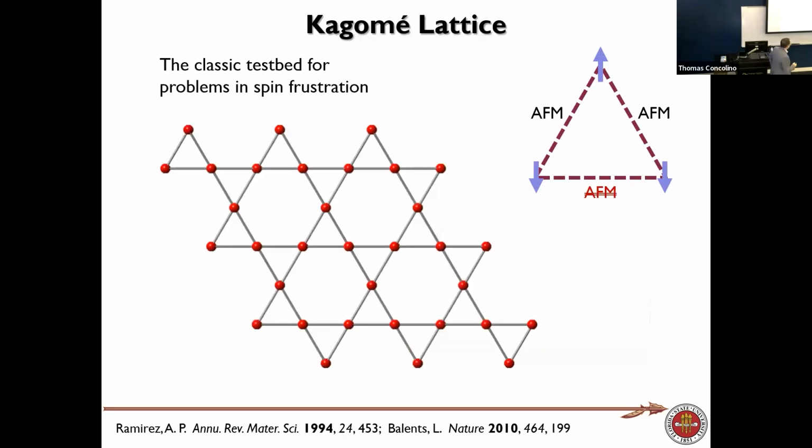And so in the second part, I'm going to talk about kagome lattices, and that's more of a new direction, right? New materials, not old materials. Of course, kagome lattices are aesthetically beautiful, and they are really great test beds for looking into phenomenal spin frustration, where you cannot satisfy pairwise antiferromagnetic interactions on an odd-numbered circuit.